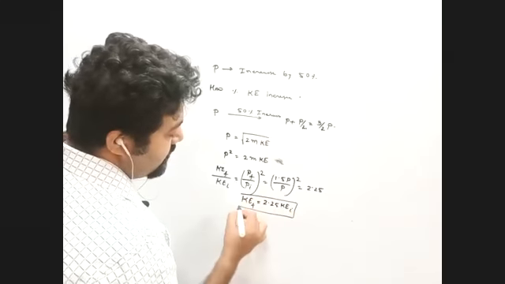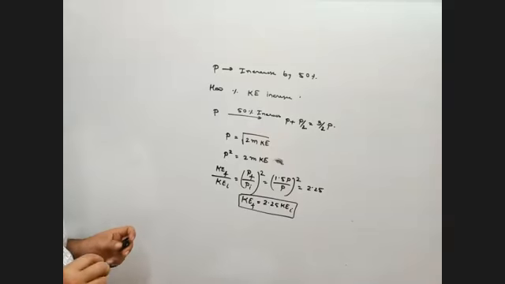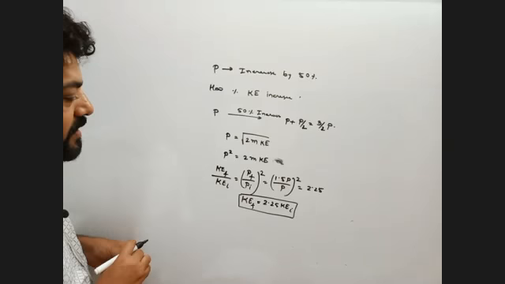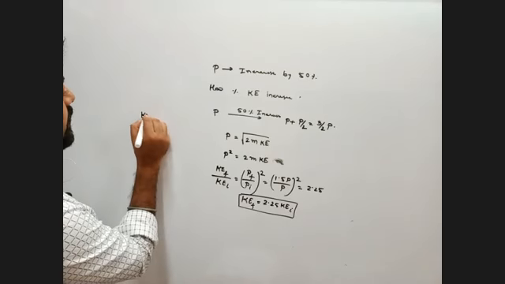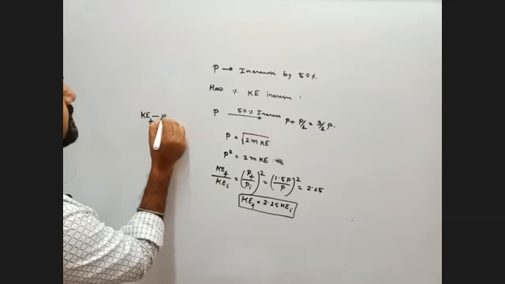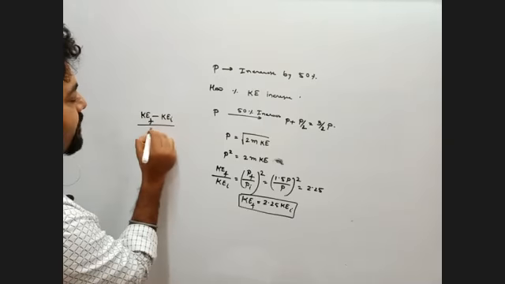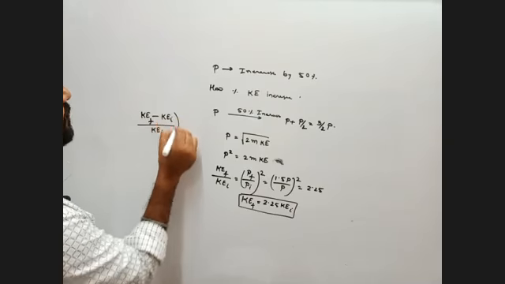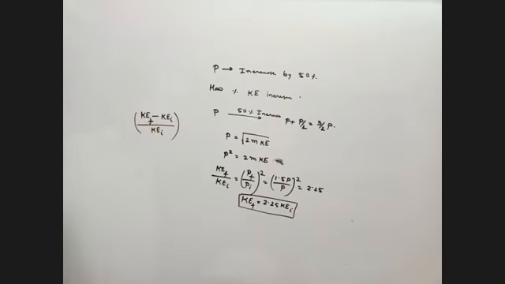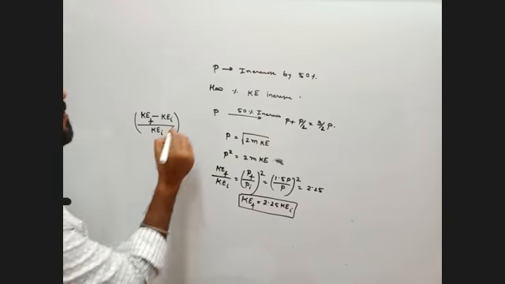Up to this, Shagnik, you are doing very well. But after that, if you don't know how to find percentage, it's really a shame. Kinetic energy final minus kinetic energy initial by kinetic energy initial. Whenever you have to find the percentage, the rule is final minus initial by initial into 100, always.